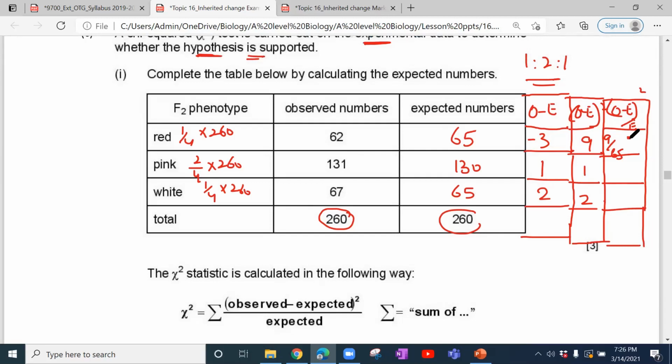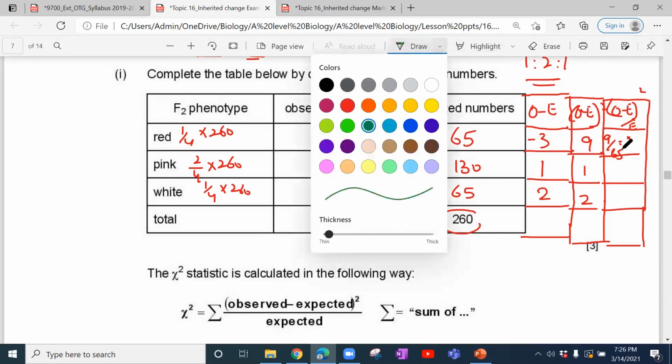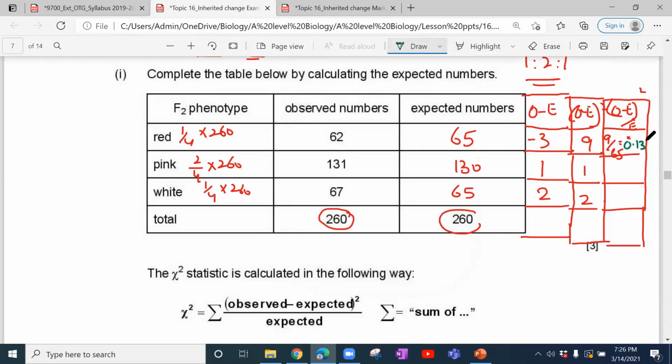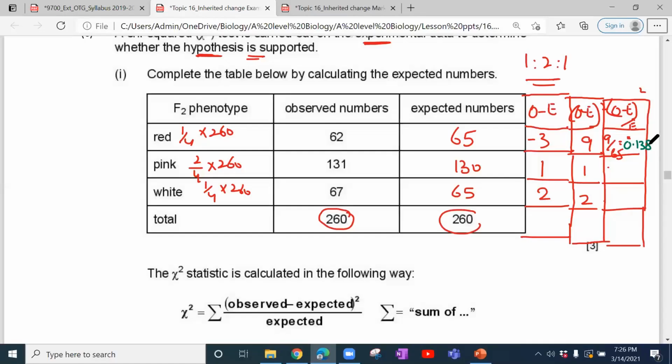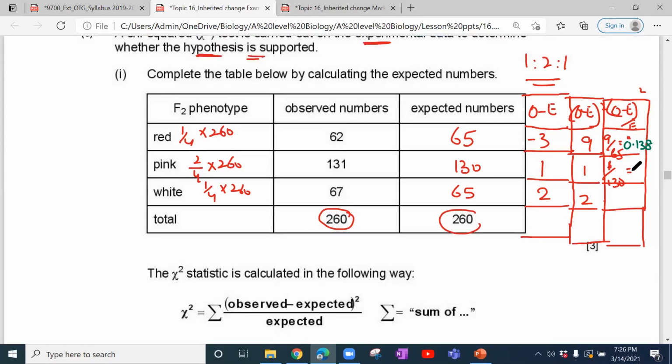We get 0.138. So let's use 3 decimal places. It's 0.138. All right, for here, it's again O minus E whole squared divided by the expected value, which is 130. So 1 divided by 130, you get 0.00769.